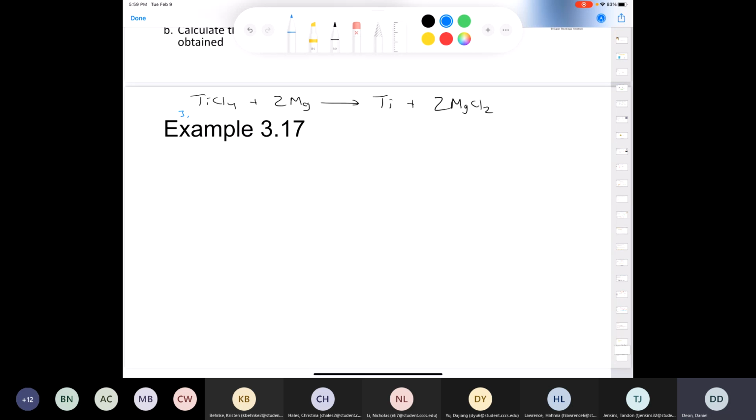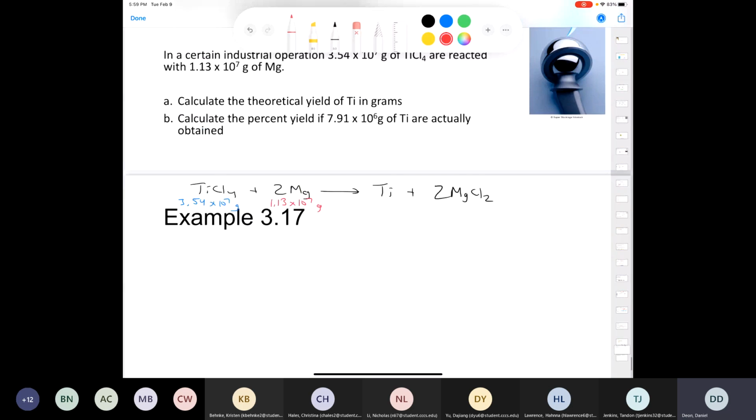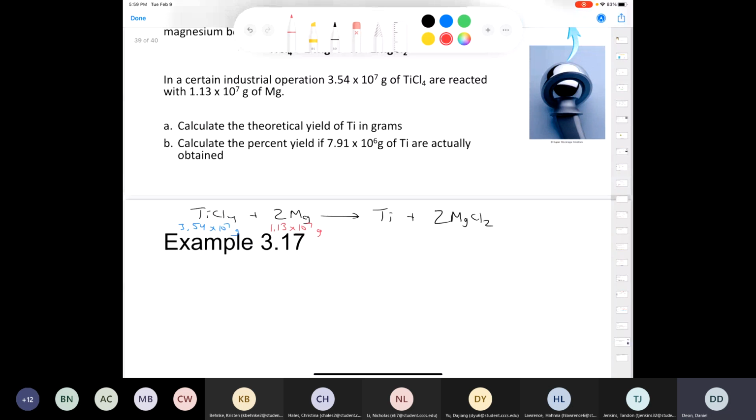They tell us that it's 3.54 times 10 to the power of 7 grams. And they tell us that the mass of the magnesium is 1.13 times 10 to the power of 7 grams, like that. And what they're asking us is, what's the theoretical yield, right? What's the mass in grams of titanium that you would get?